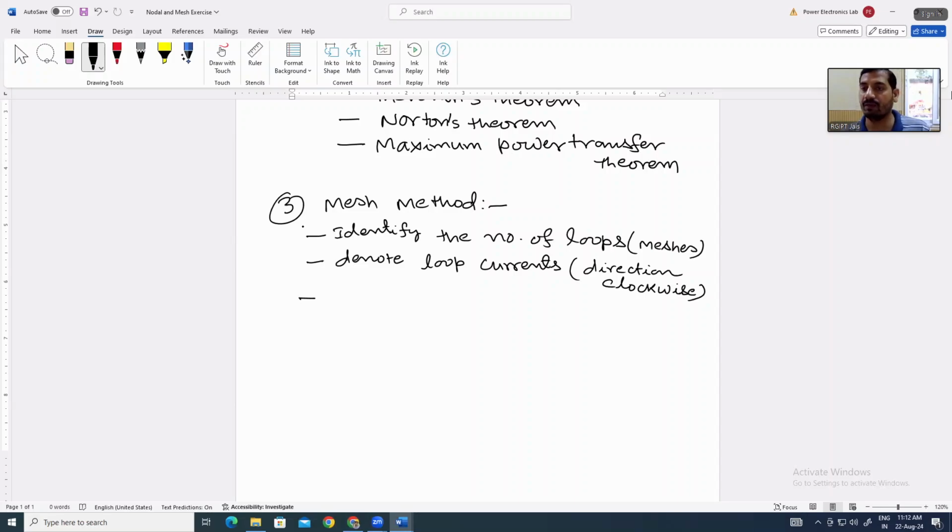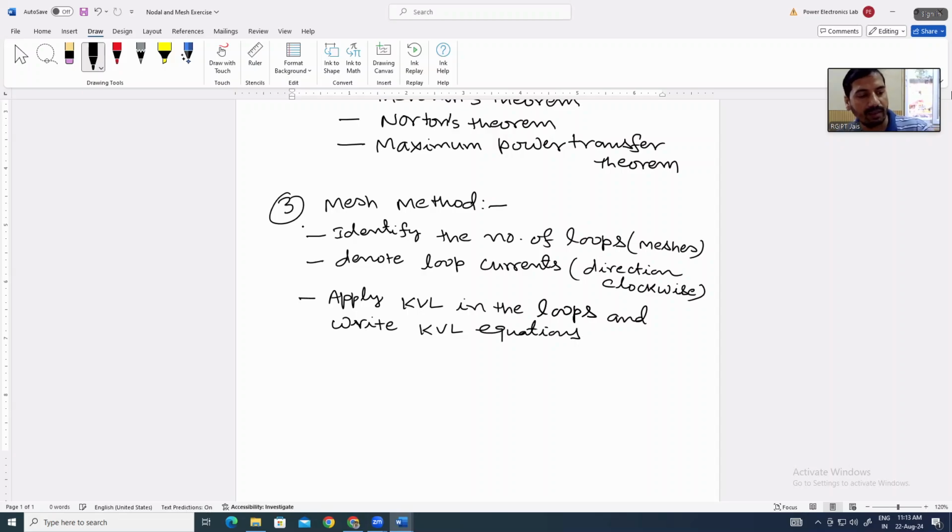Okay. Then we have to apply KVL, Kirchhoff's voltage law, in the loops, and write KVL equations. As per the number of loops, there will be that many KVL equations.